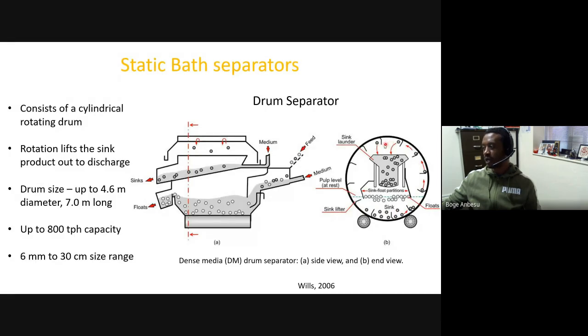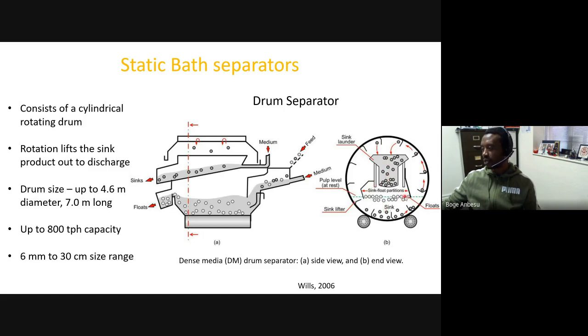To be able to do that, we use lifters, and as you can see, these are the lifters that we use. The lifters basically trap the dense particles and carry them all the way to the top. As soon as they go to the top of the drum, the particles fall into what we call the sink launder, where the heavies are collected.